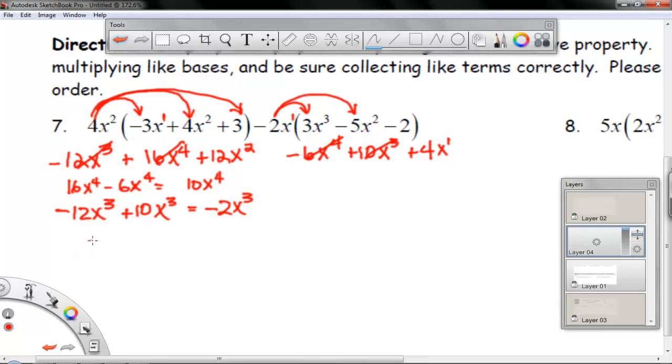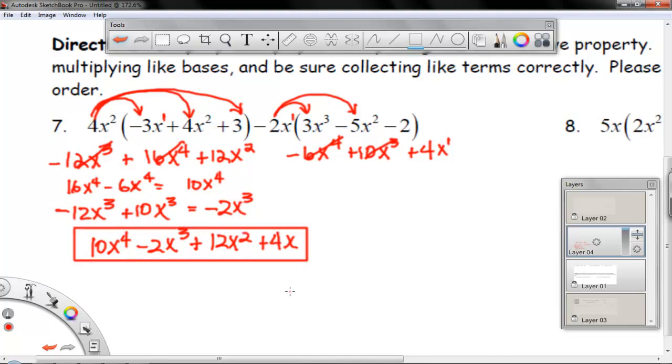So my final answer will be 10x to the fourth minus 2x to the third plus 12x squared, and then the last term would be plus 4x to the first. So that is the final answer for number 7.